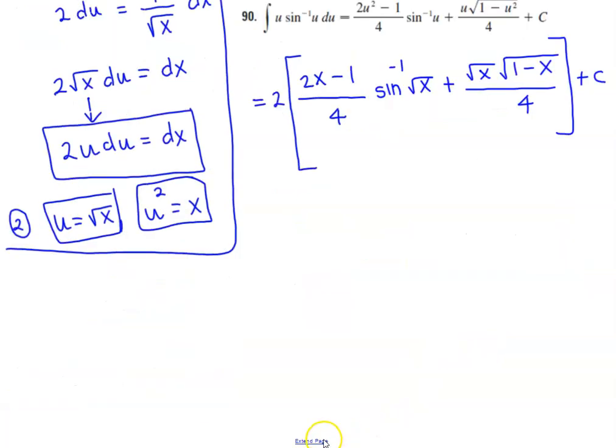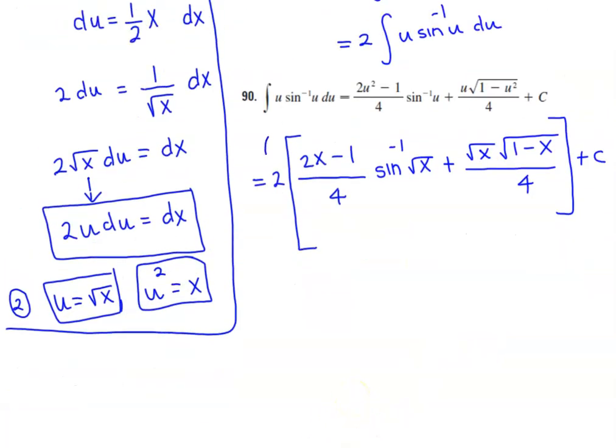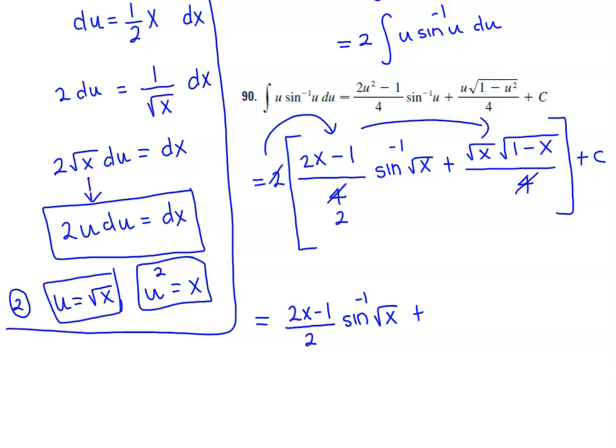And now we're going to go ahead and distribute the 2. So if we distribute 2 to the first term, we can see that this 2 divided by that 4 is going to give us 2. So we end up getting 2x minus 1 over 2 times the sine inverse of the square root of x. Plus, again, distributing that 2 makes that 2. So we have plus the square root of x times the square root of 1 minus x divided by 2 plus c.